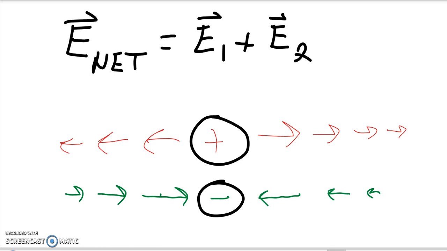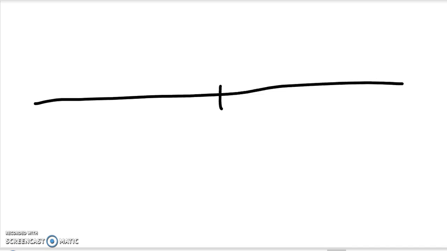So what does this have to do with our particular situation? Let's come back and redraw our situation here. Here's the origin, here's Q1, and since Q2 is a bit further out, let's put Q2 way out here.